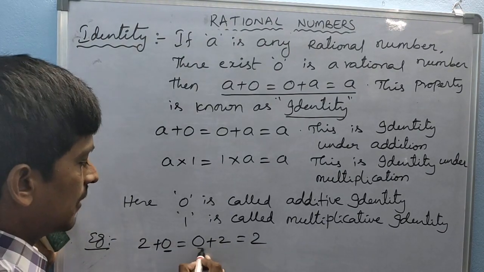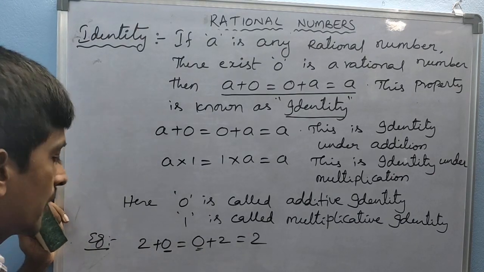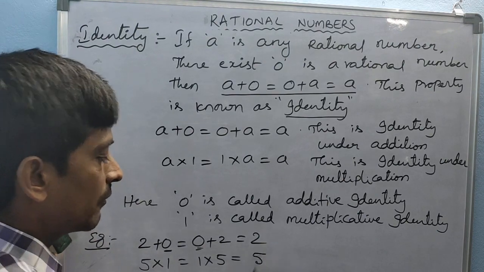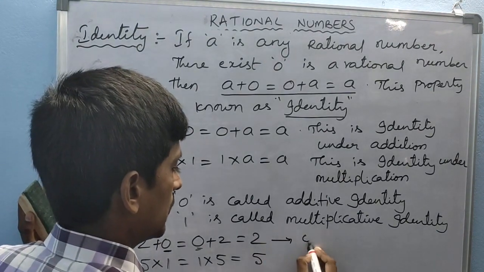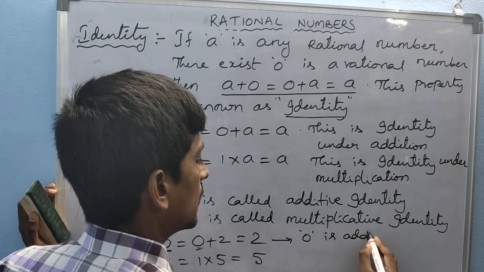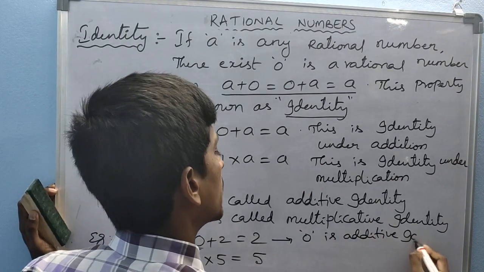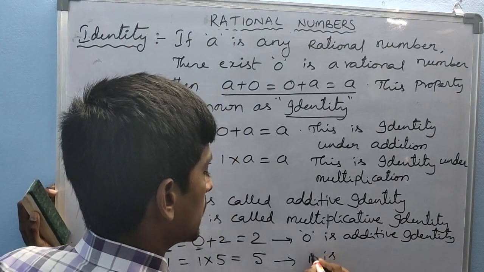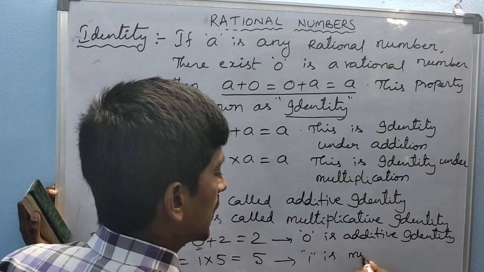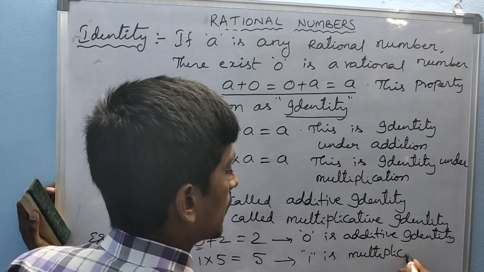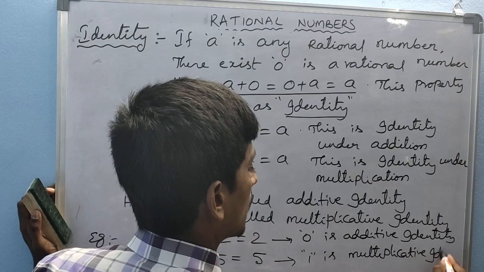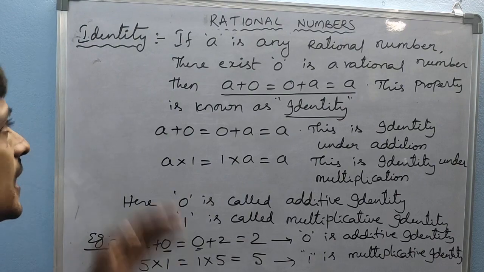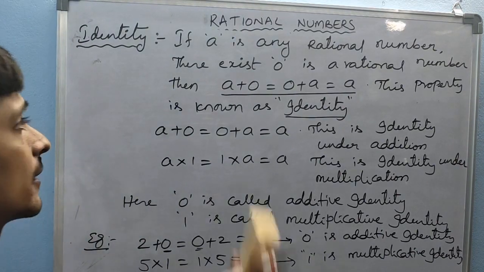Here 0 is the additive identity. 5 into 1 equals 1 into 5 equals 5. 0 is the additive identity. 1 is the multiplicative identity. Okay, this is the identity property.